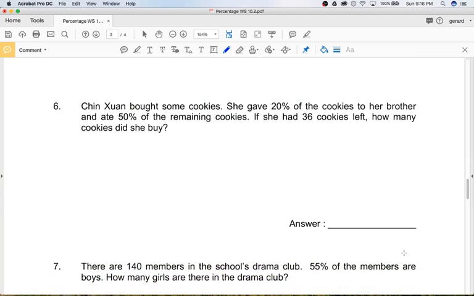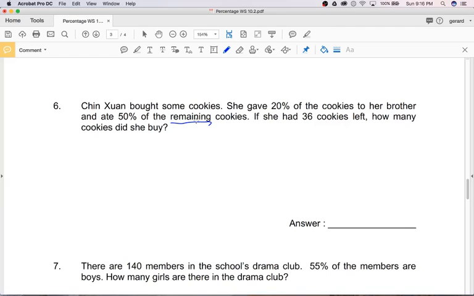Now question 6. Qin bought some cookies. She gave 20% of the cookies to her brother and ate 50% of the remaining cookies. If she had 36 cookies left, how many cookies did she buy?